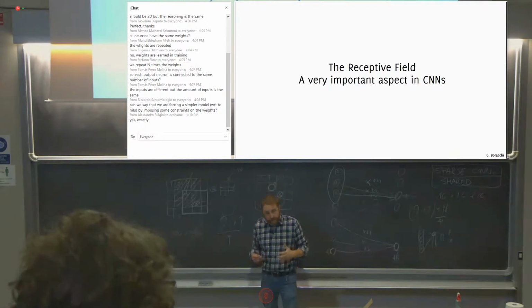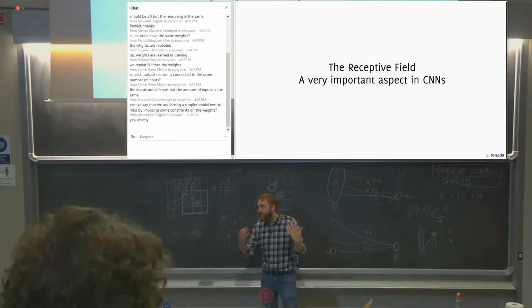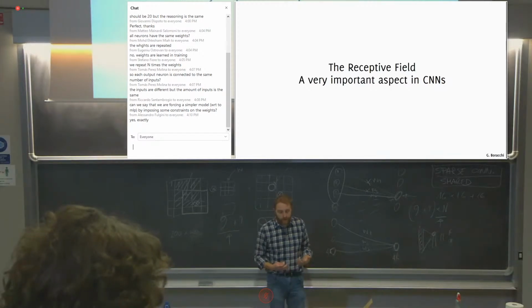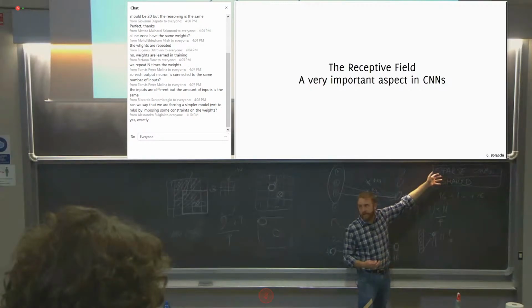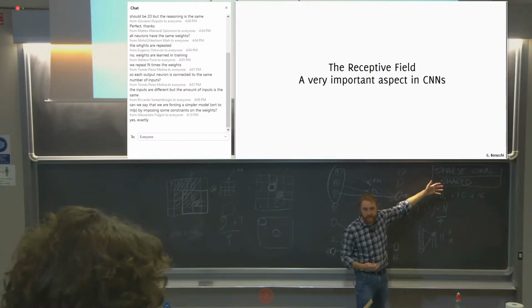So it's not just a matter of reducing dimensionality that they came up with convolutional neural networks, and it's not by chance that they work.